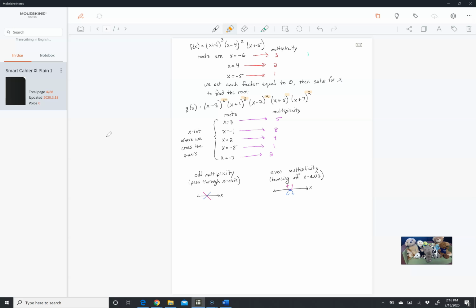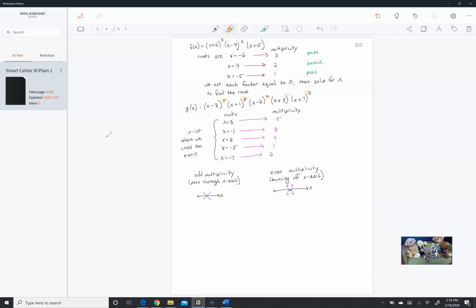So we're going to pass through the x-axis. Then we have a multiplicity of 2. So we bounce off of the x-axis. And then we have a multiplicity of 1. So we're going to pass through the x-axis.